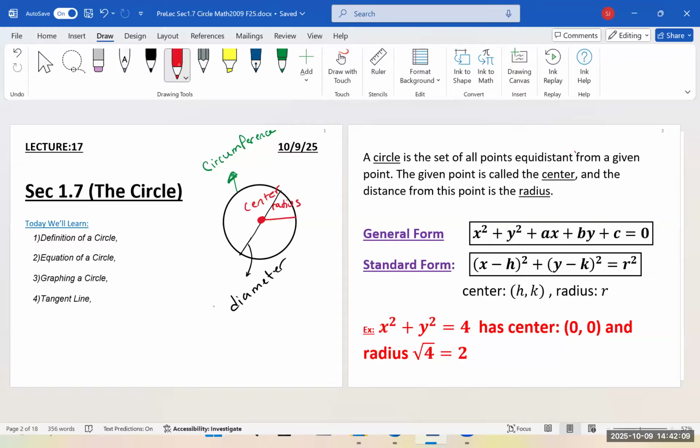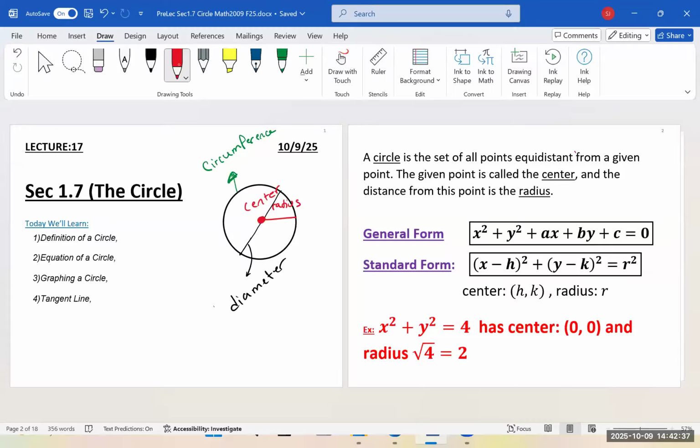So whatever sign you have inside your parentheses, when you take it out to name the center, the sign has to be opposite. Whatever we have on the right side of the equal sign, whatever number that is, it doesn't have to be a perfect square number. Whatever number that is, that's the radius squared. So you take the square root of that number, you get the radius.